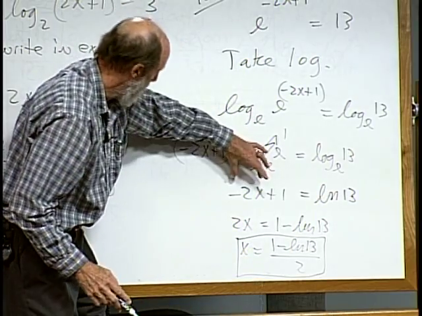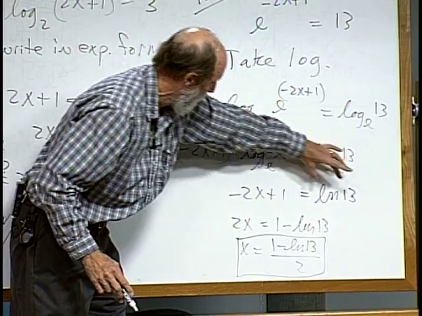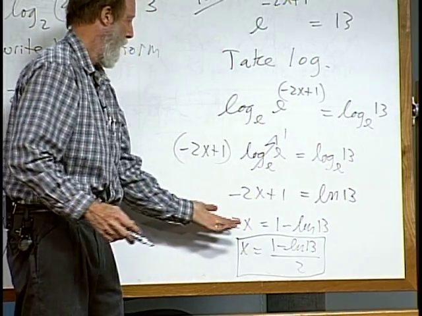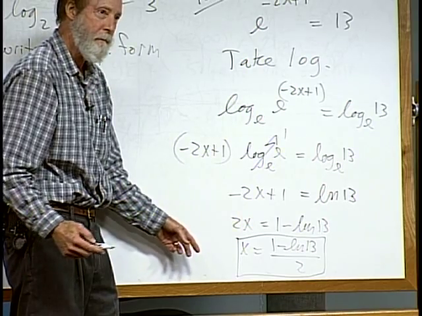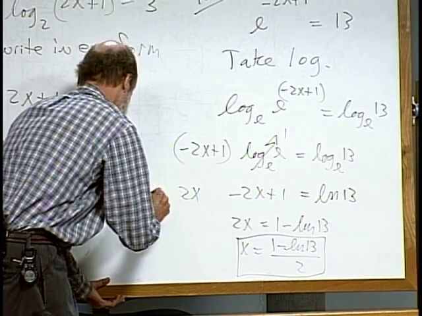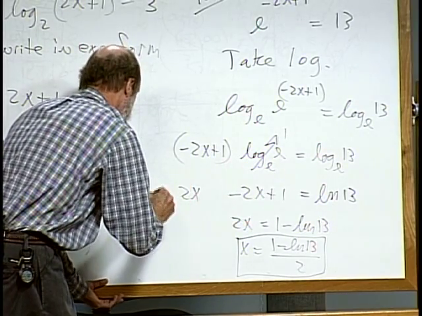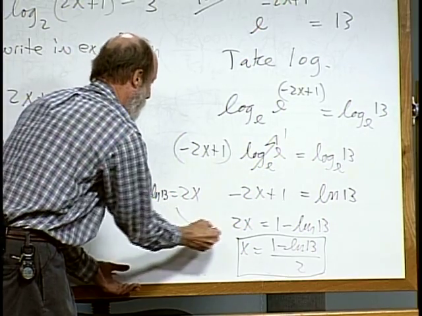No, imagine taking the negative 2x over to the other side and bring the natural log of 13 back. I always write the thing I'm looking for on the left, though. Imagine that going over to the other side, and 1 here, and bring the natural log of 13 back to the left, like this. I just wrote it that way.